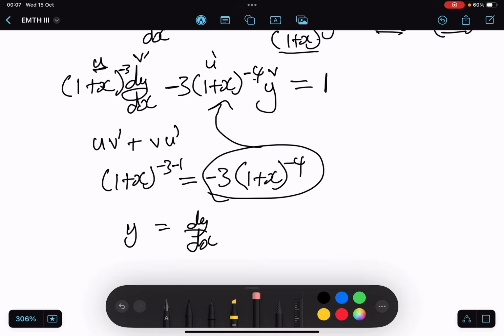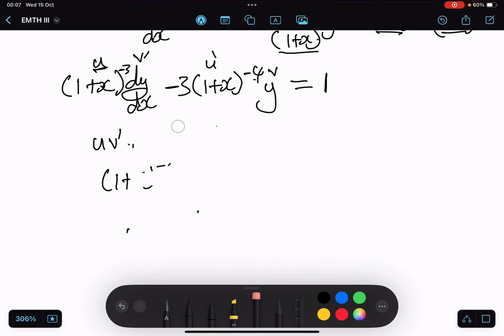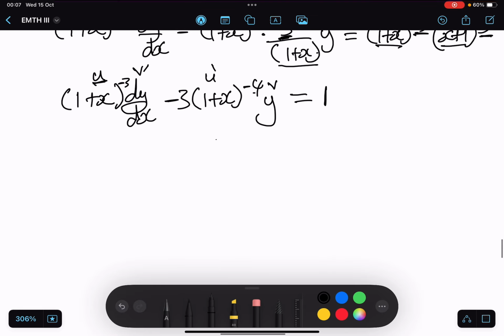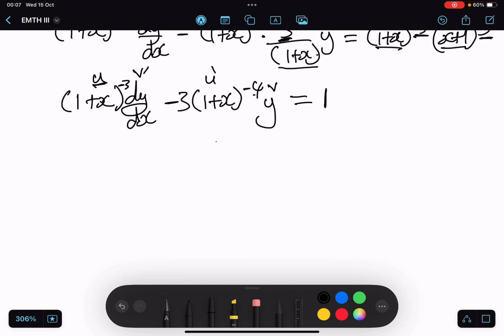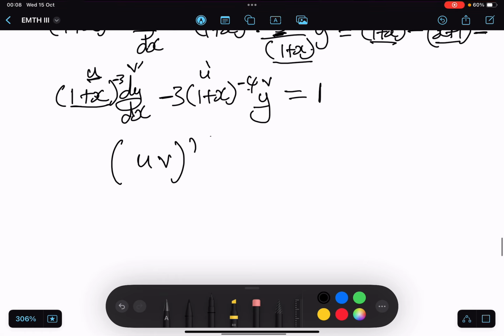So from here we can see that the left hand side of this equation is the product rule, so we can write this as (uv) dash. This is our u, this is our v.